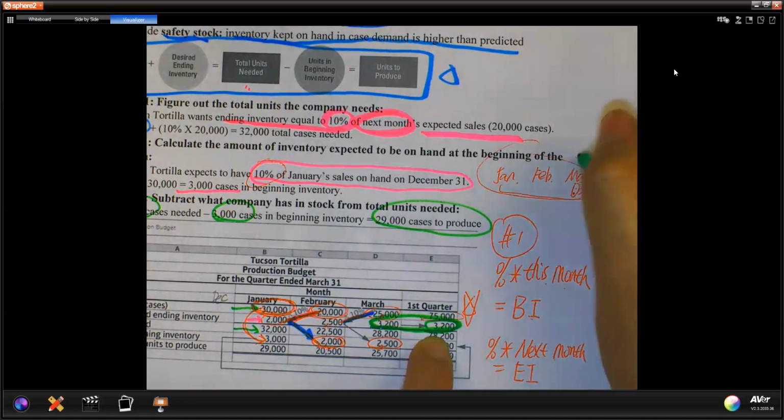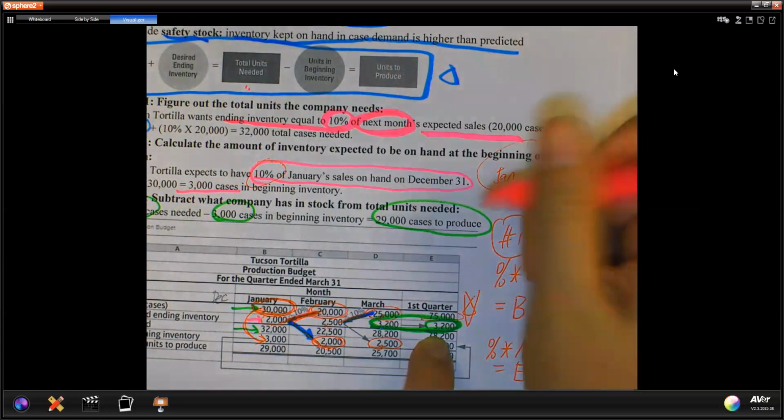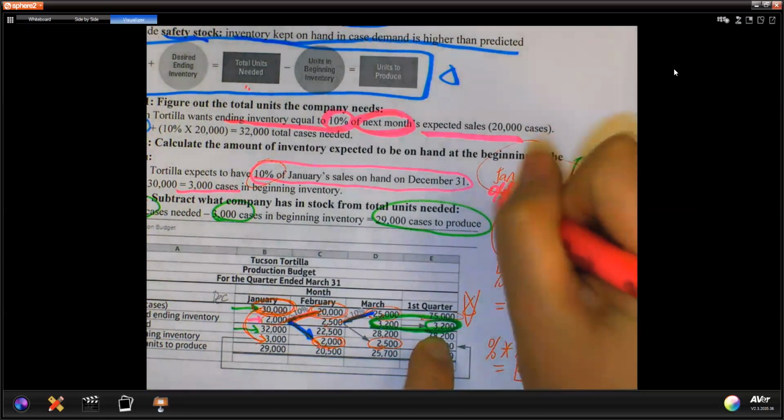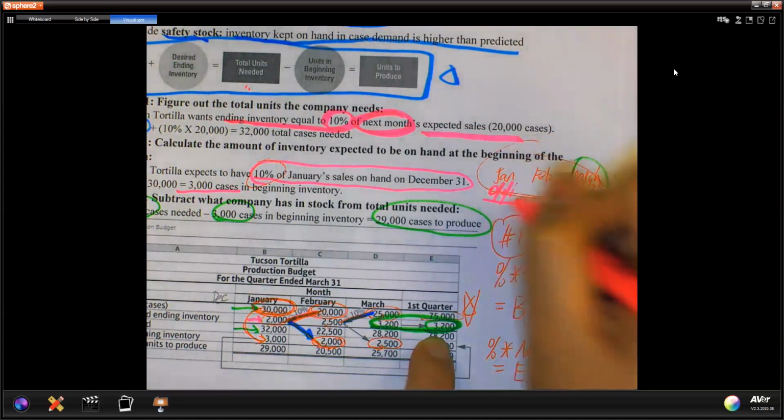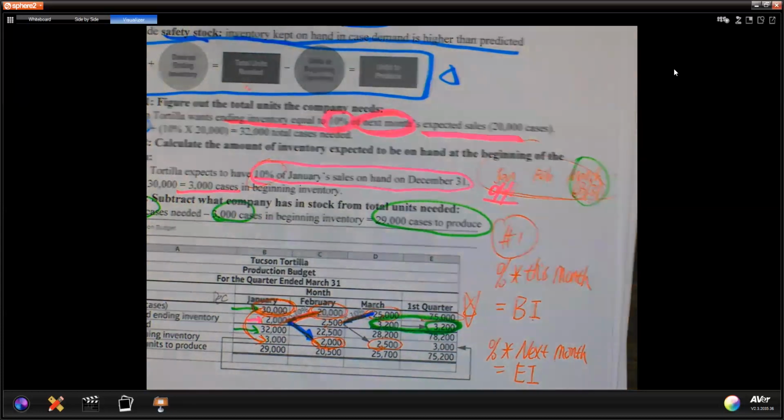This is important. Then you apply the same logic. January 1st is the beginning inventory of January, but also the beginning inventory of your first quarter.